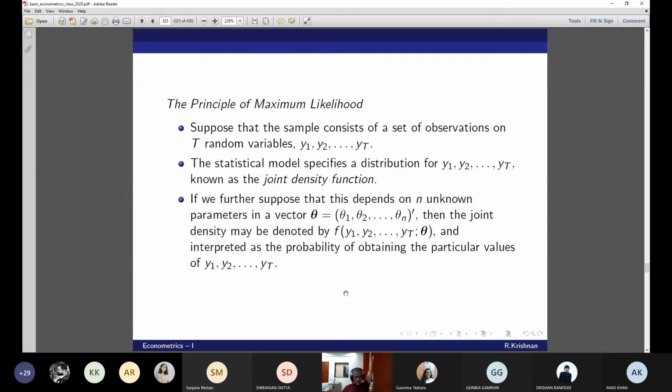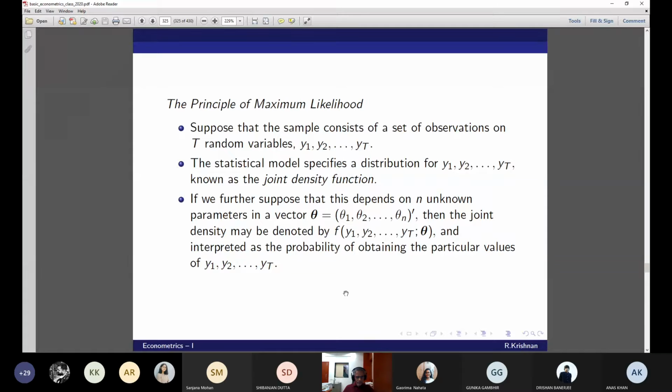Suppose a sample consists of a set of observations on T random variables y1, y2, up to yT. See, inadvertently, the time series thing has come. The statistical model specifies a distribution for y1, y2, yT known as the joint density function. That's always the case.